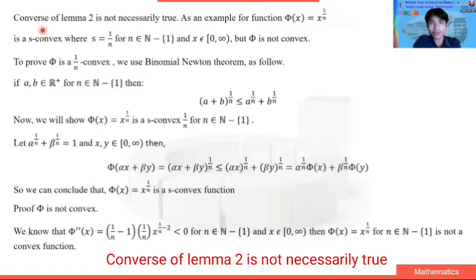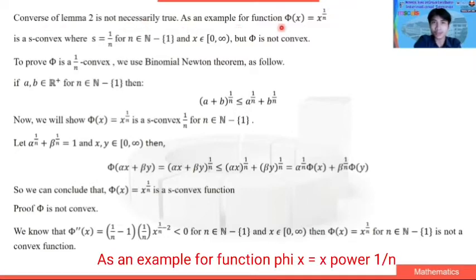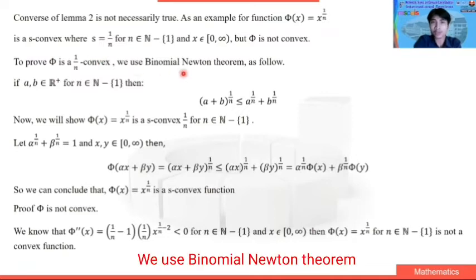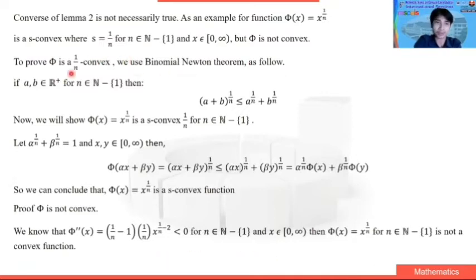The converse of Lemma 1 is not necessarily true. As an example, for function phi(x) equal to x to the power 1 over n, function phi is S-convex, but phi is not convex. To prove phi is S-convex, we use the binomial Newton theorem as follows. This.